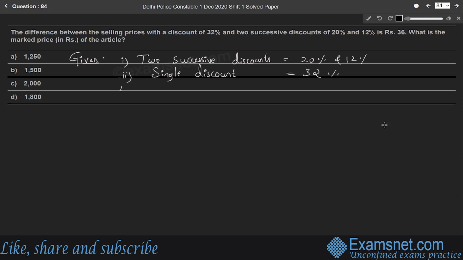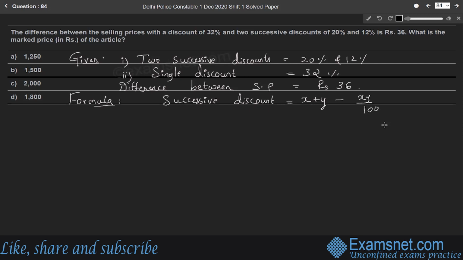The difference between selling prices is rupees 36. We have to use the formula for successive discount. When discount percentages are given, successive discount is equal to x plus y minus xy by 100, where x and y are discount percentages.